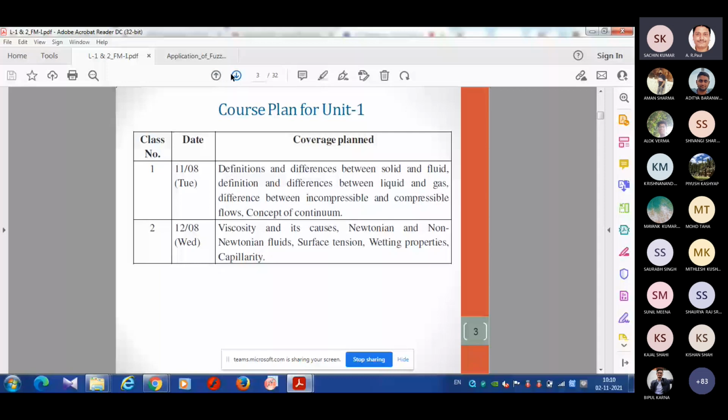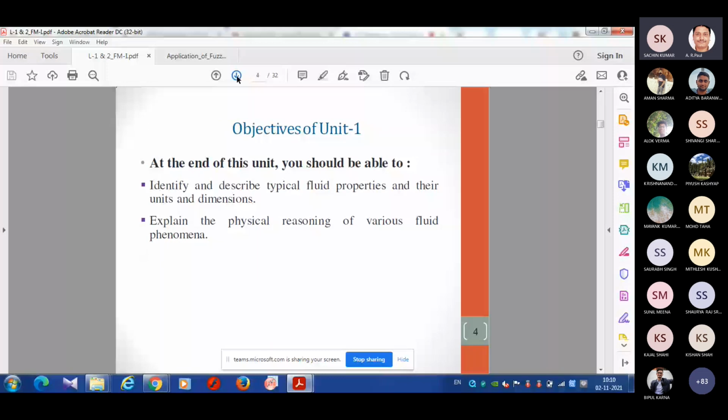So this is the objective of unit 1. At the end of this unit, you will be able to identify and describe typical fluid properties and their units and dimensions. And second, to explain the various fluid phenomena by giving physical reasoning.